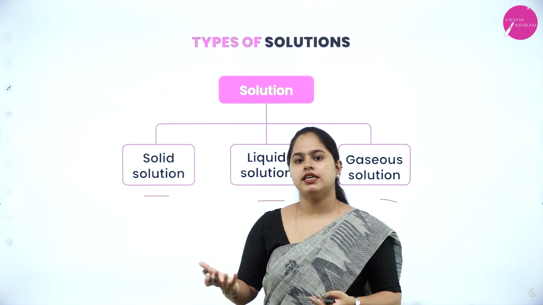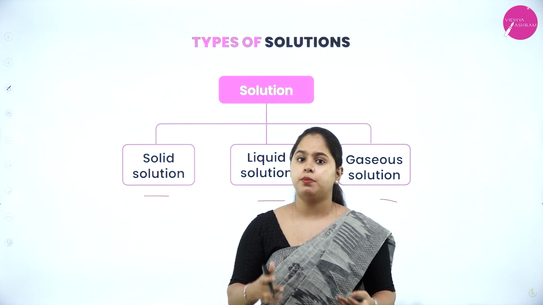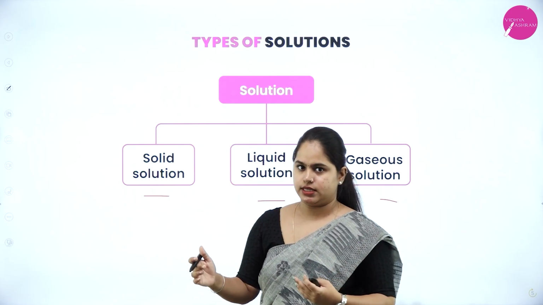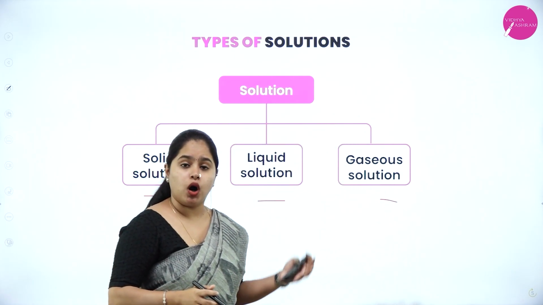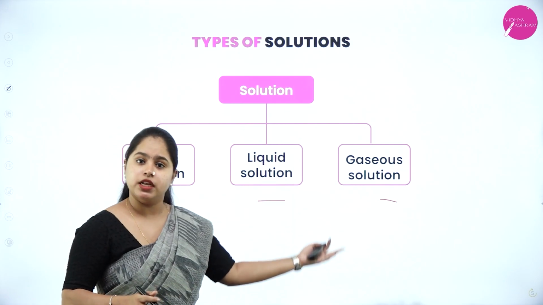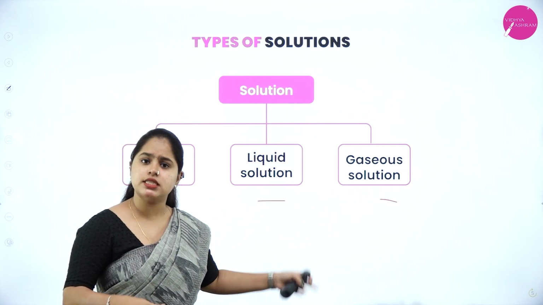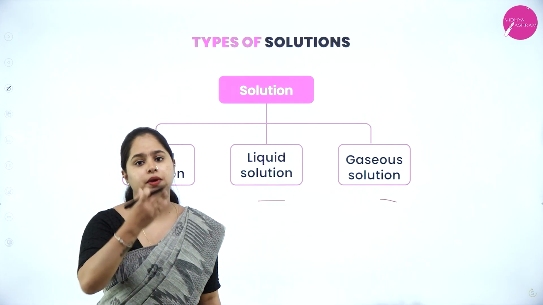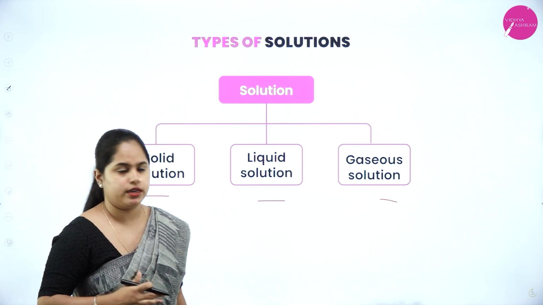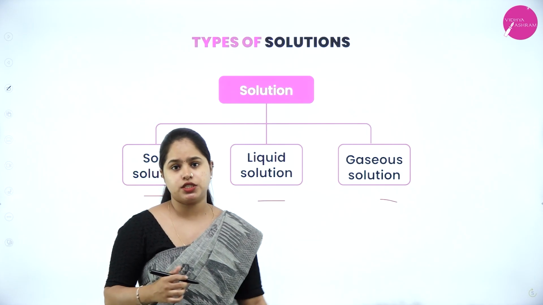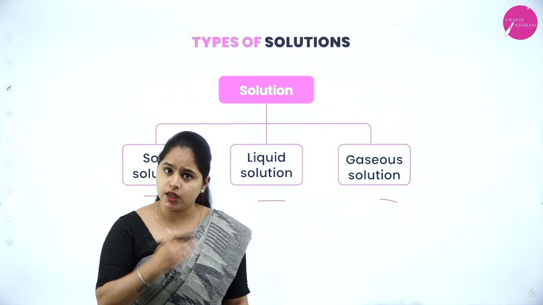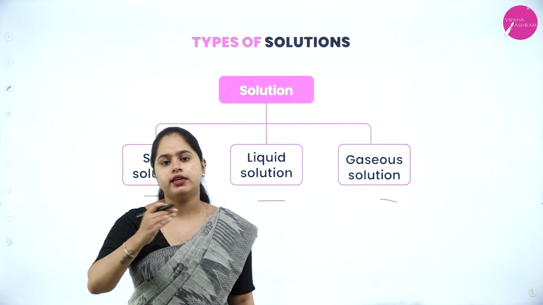If the solvent is solid, the solute can be solid, liquid or gas, and all of that will come under solid solutions. If the solvent is liquid, liquid solutions are obtained, and in the same way the solute can be liquid, gas or solid. And when the solvent is gas, gaseous solutions are obtained, and there also the solute can be solid, liquid or gas.